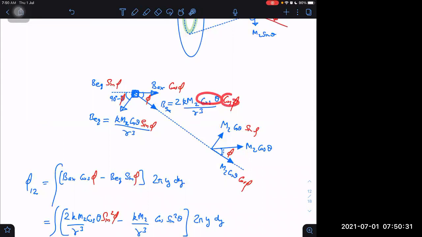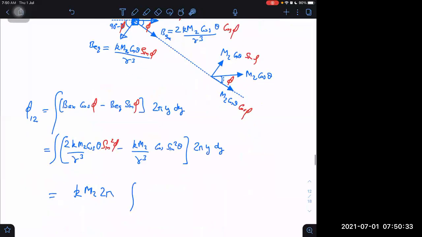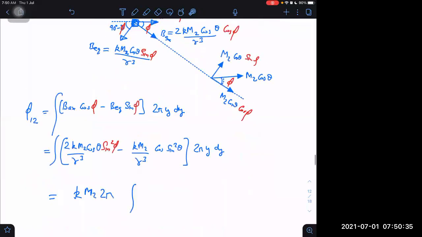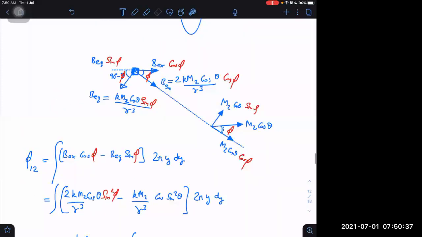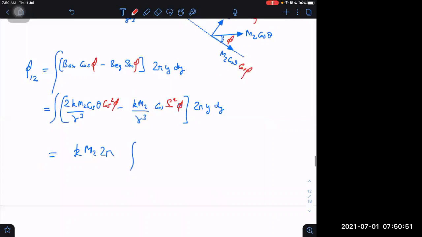Cos theta cos phi, again cos phi. Sir, it is cos square phi only. Which one? First one. Yes, sir. Cos theta into cos phi into cos phi. And the second one is sin square phi. Correct only.